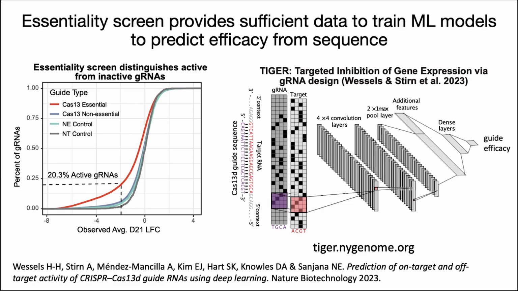As I said, this is only 23 base pairs, so you can actually use a pretty simple neural network model to predict guide efficacy. This work was published last year, if you're interested. And so we were interested in training this model on our junction targeting data to try to understand whether there was any difference in the sequence determinants of guide efficacy when you're targeting splice junctions versus just targeting exons.